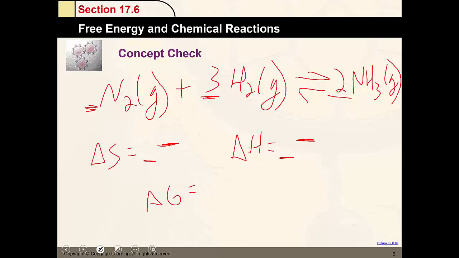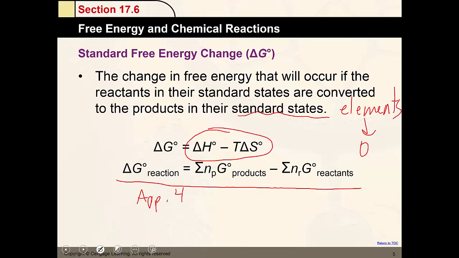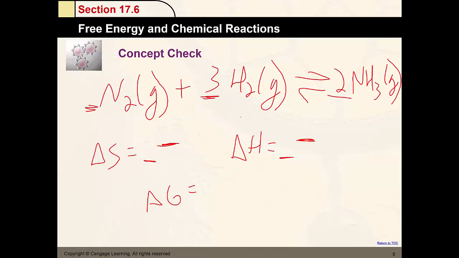It's dependent upon the magnitudes of both delta H and delta S. Okay, so you should be able to use either of these equations to solve for delta G of a reaction.